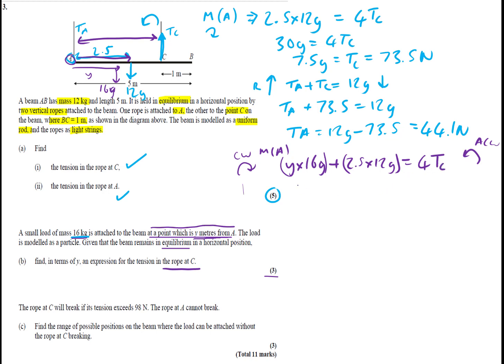So what do we get? We get 16GY plus 30G, and we know that from before. We've got the 4TC here, so it does link. The skills are the same. That's going to get you some effort marks. Now it says in terms of Y, well, you just divide everything by 4.